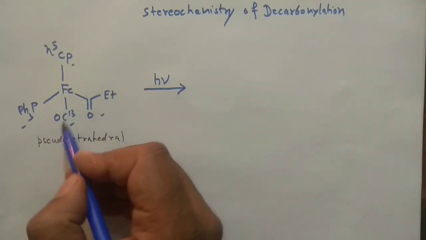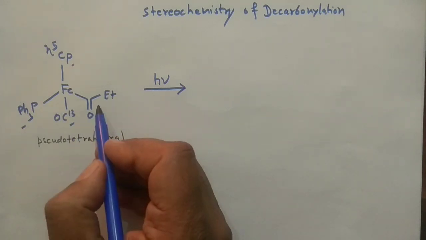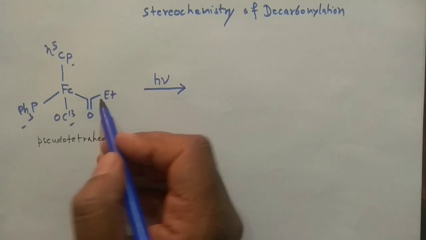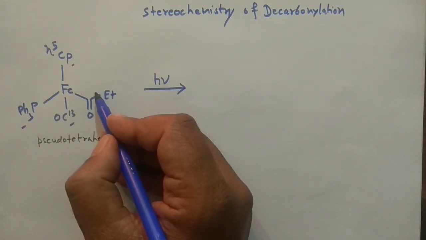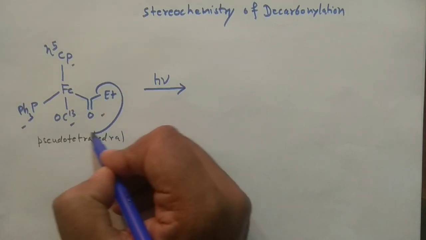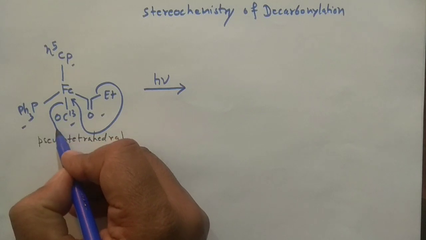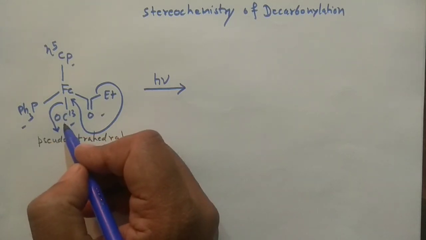So what is happening in that case? Alkyl migration would occur. And when alkyl migration occurs, what can happen? I am migrating this methyl here, and I am ejecting or eliminating this 13C labeled carbonyl from here.